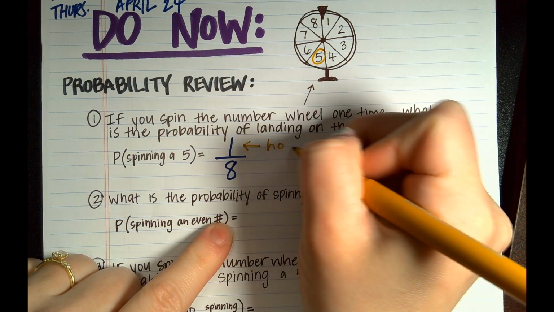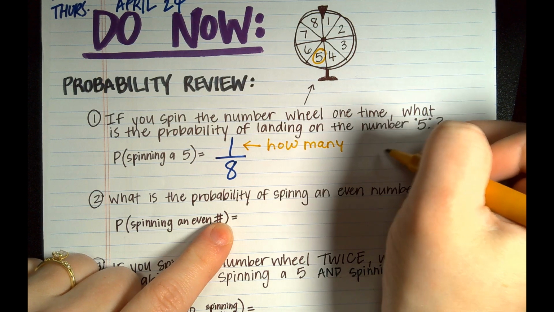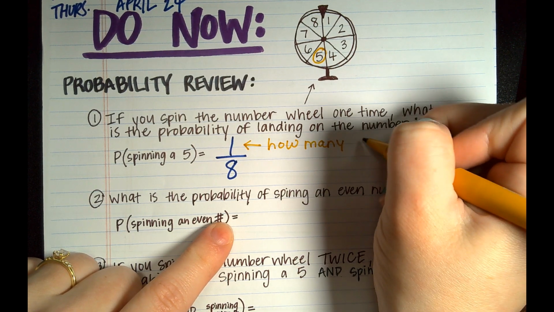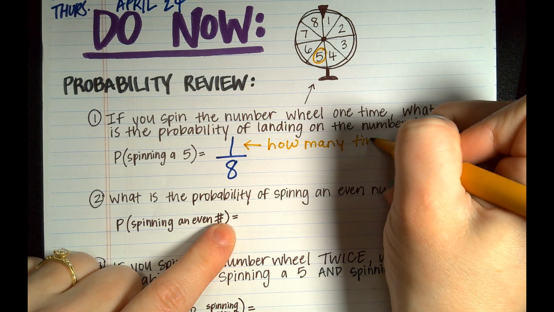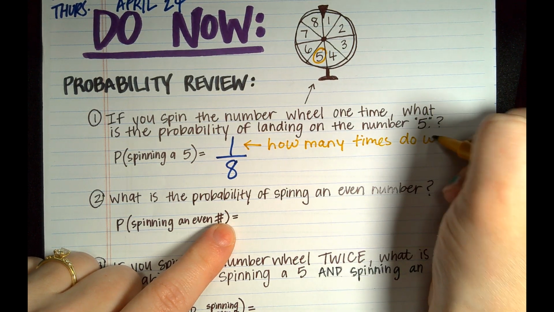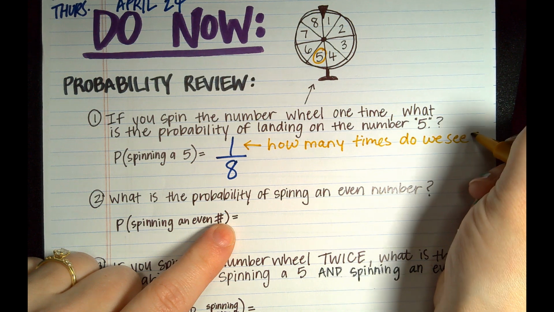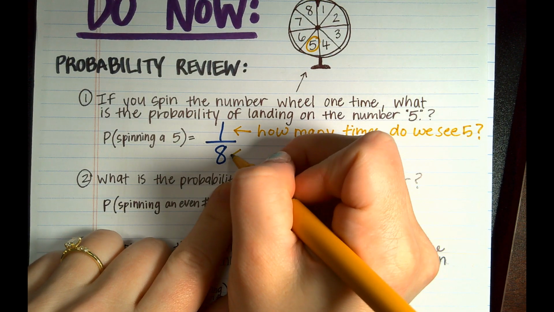So how do I want to label that? How many times do we see 5? That's where we get the top number. And how did we get 8?